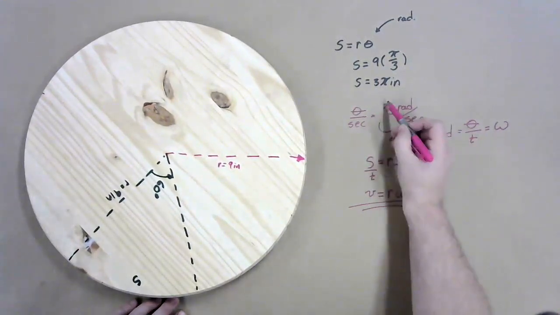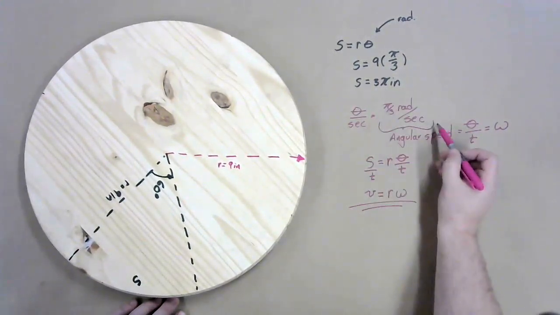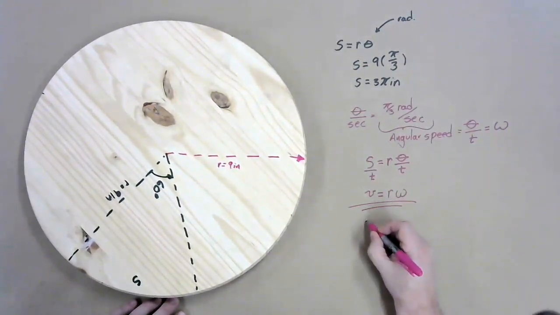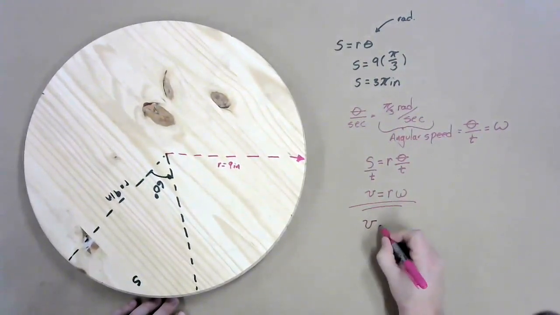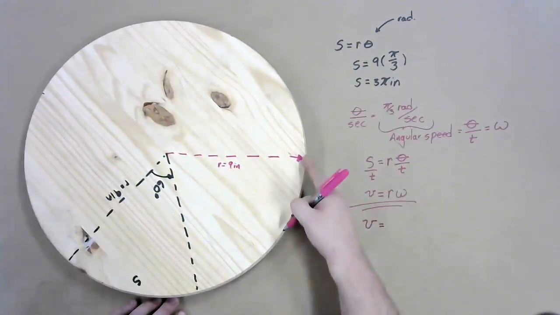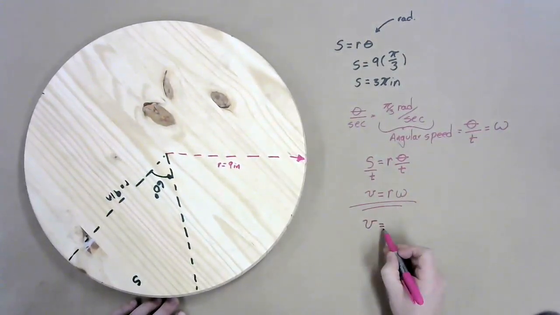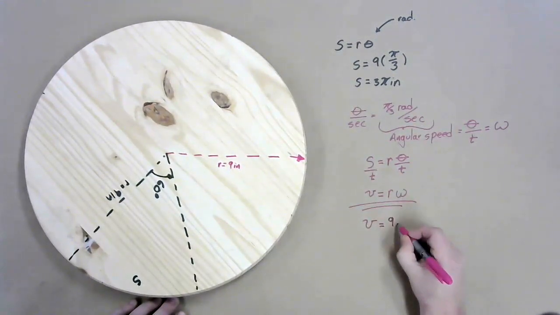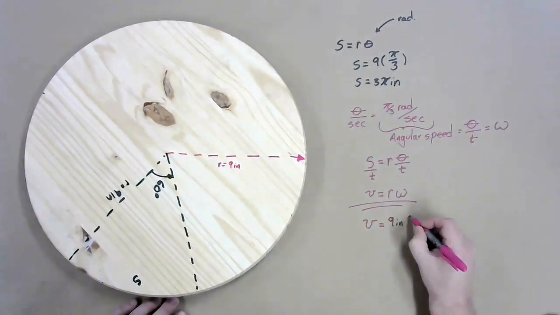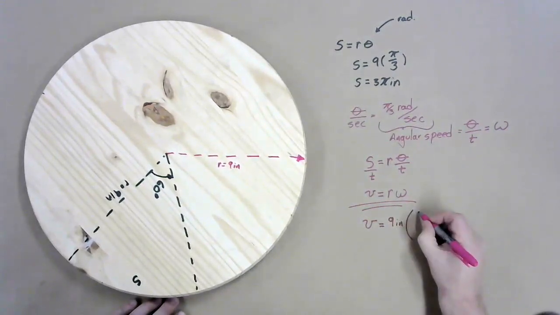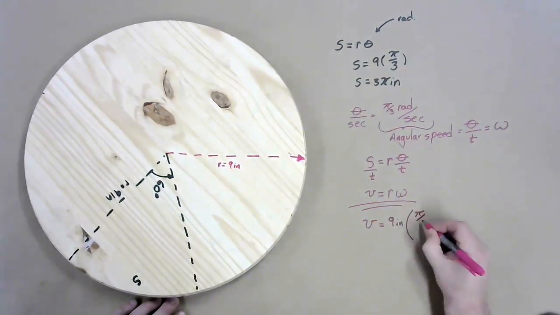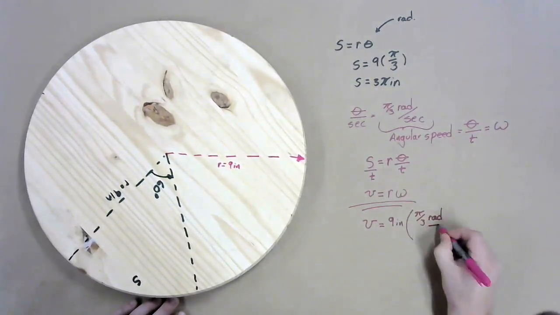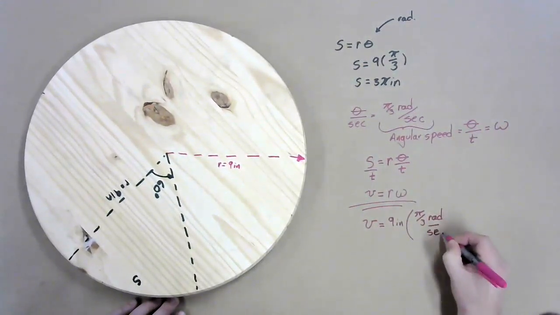So if we have this thing rotating with an angular speed of pi over 3 radians per second, and we want to find out what is that linear velocity, how fast is that edge going? Well, that linear velocity is 9 inches out and it's traveling at pi over 3 radians per second.